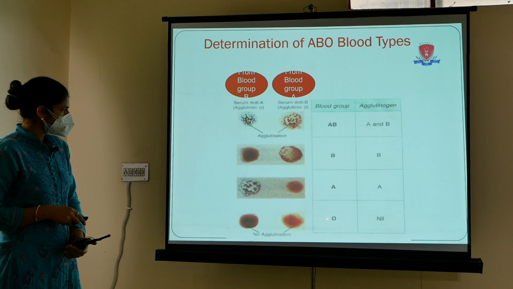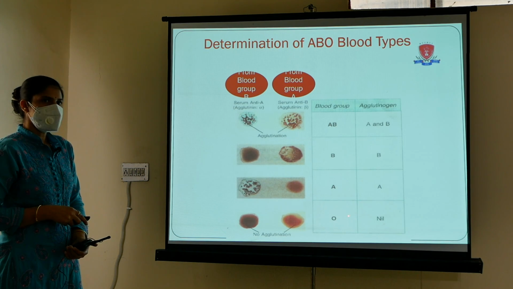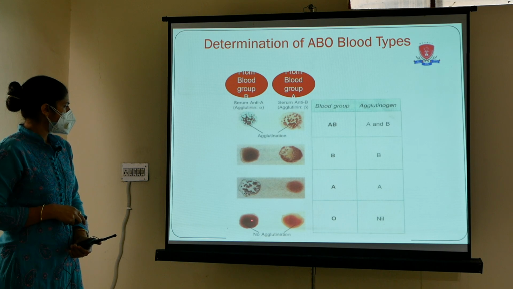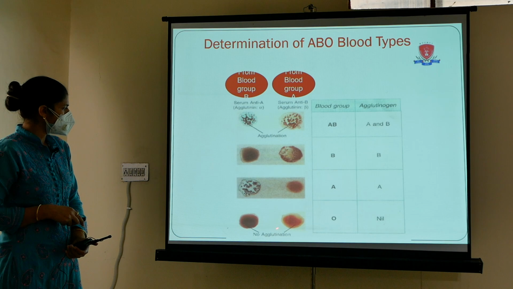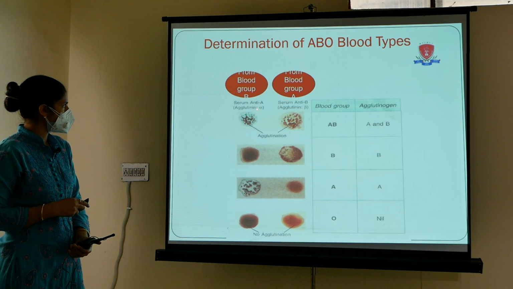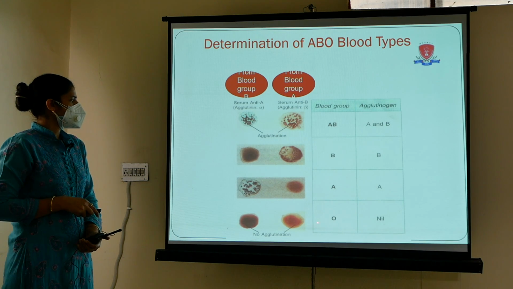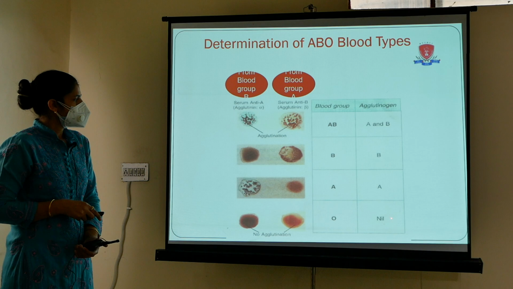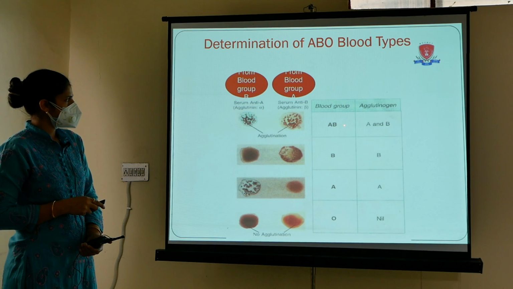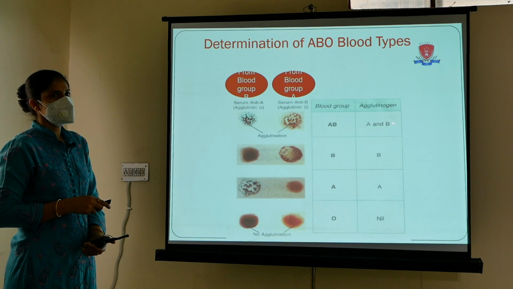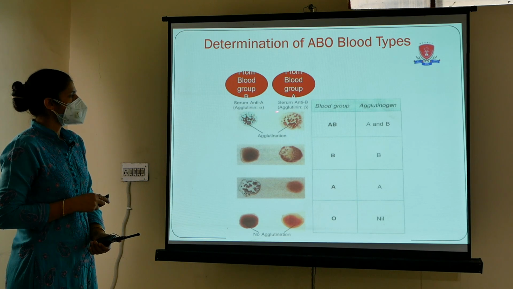Blood group O. In blood group O, there is no antigen, neither A nor B. So the blood drop does not react with anti-sera A and anti-sera B. There is no agglutination with anti-sera A and anti-sera B. So it is clear that the blood group is O, which contains neither antigen A nor antigen B. In blood group AB, there is presence of antigen A and antigen B, and both react with both types of anti-sera.